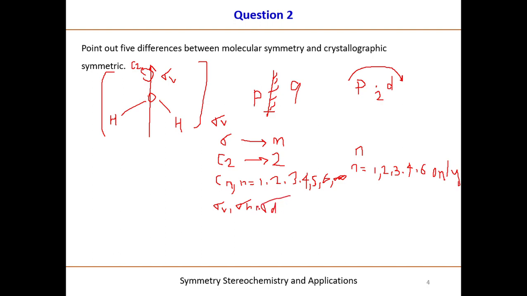But in crystallographic symmetry, everything is denoted by M. M means mirror, M translational, and M perpendicular, or ML, we also call it ML. So this is another difference.